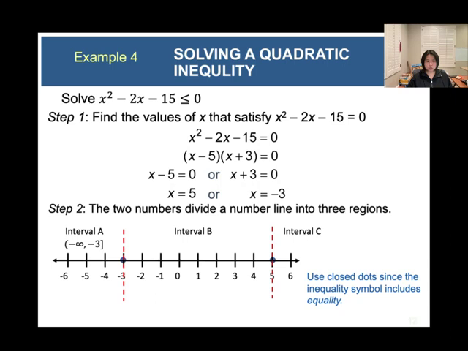Interval B will be bracket negative 3 until 5 bracket. And the last one will be bracket 5, comma, positive infinity, parenthesis.